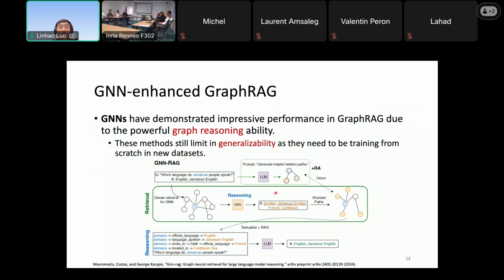They usually require retraining the model from scratch on a new document, a new knowledge graph, a new dataset, which is not a desirable property, because we usually want a more general retrieval model that, given a new set of documents and a new knowledge graph, we can directly apply to retrieve some knowledge without retraining from scratch.